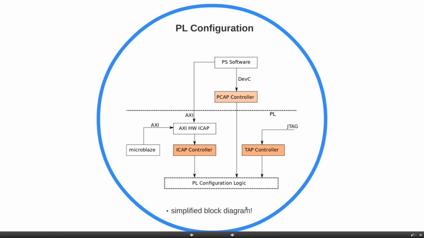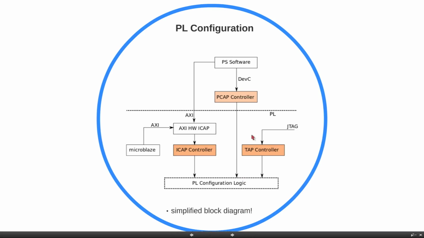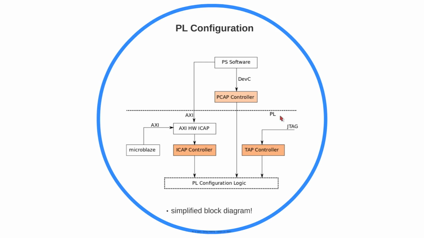So, some basic concepts about PL configuration. As you know, our ZYNQ device has two parts, one PL part and the PS part. This is something I have described in previous videos, and the PL is basically an FPGA and the PS is a complete ARM subsystem.